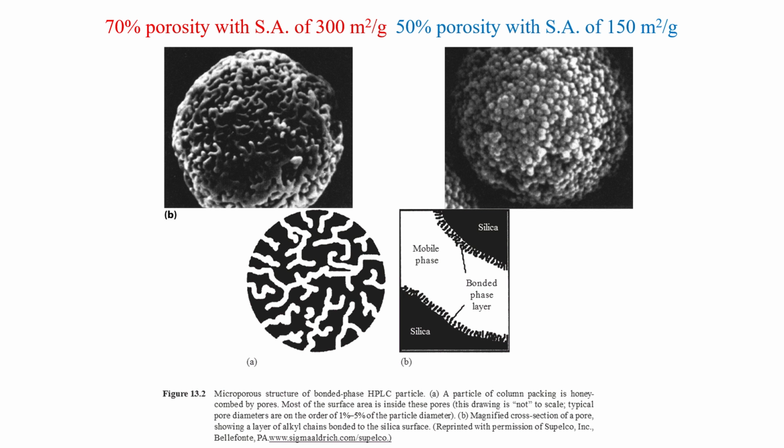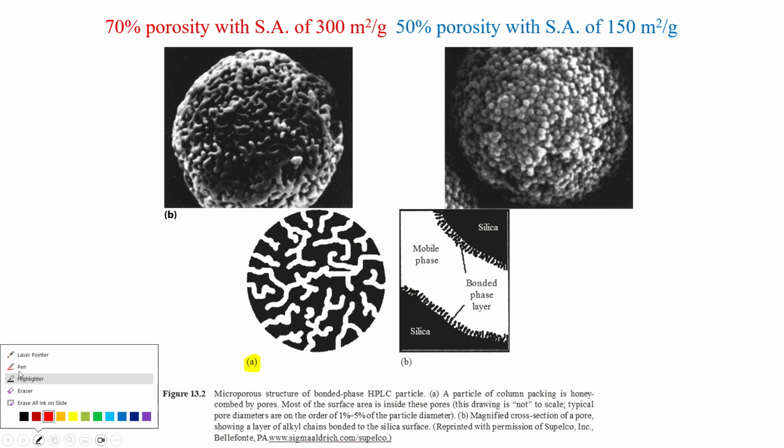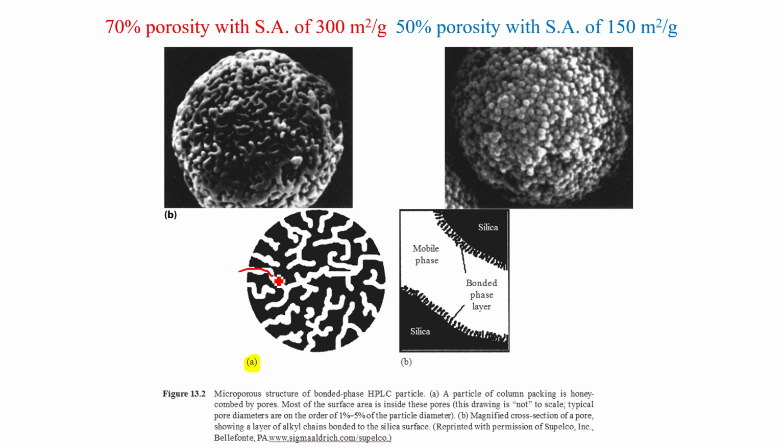These materials kind of look sponge-like, but they really have some enormous surface areas. So this is probably a view of what we ideally think a cross-section of a particle looks like. It's not only that the analyte can interact at the surface, but the analyte can migrate down inside these things where there's stationary phase there too. All right, and that allows us to increase the surface area of these materials greatly, depending on how much this porosity is. So think of it as like a sponge would be the way to describe it.